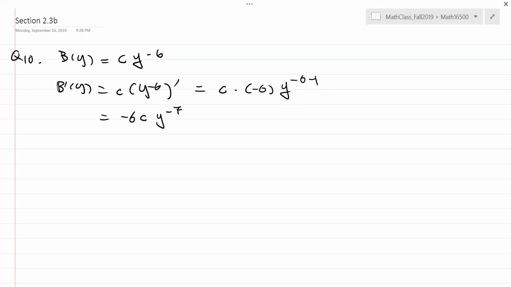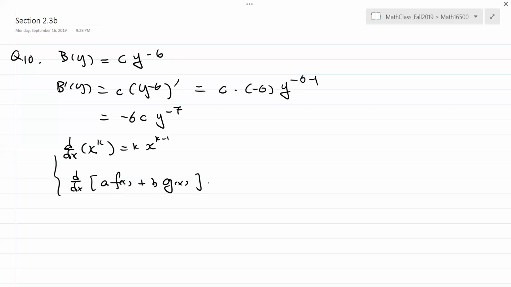So which formula are we using here? We use the derivative of x to the power k. It's k times x to the k minus 1. We also use the linearity formula. Here's a f of x plus b g of x, okay?